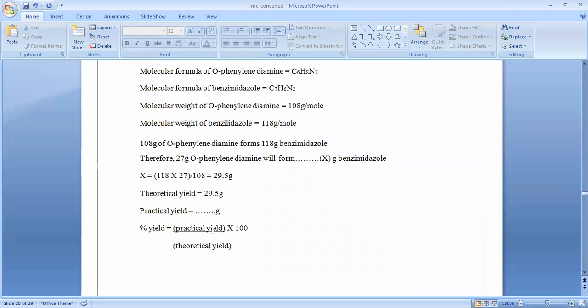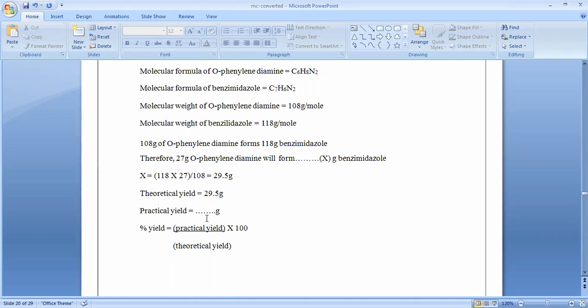Percentage yield is equal to practical yield divided by theoretical yield multiplied by 100. This percent yield you are going to report in the exam and also in your notebook. Here, after drying and recrystallizing, the quantity of pure product that we have synthesized we have to write in grams.